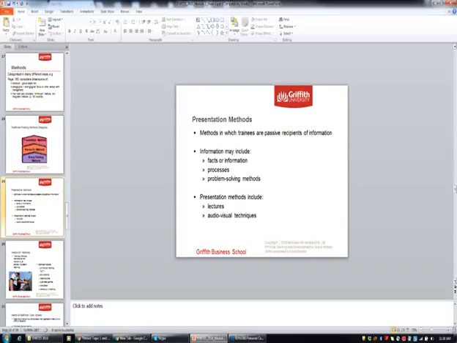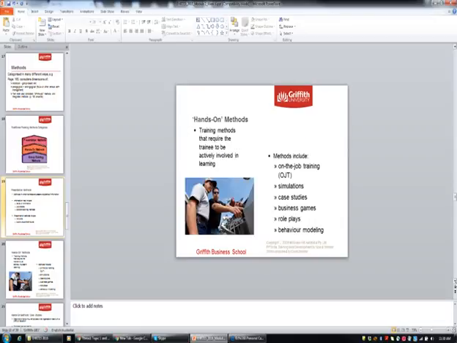So you can obviously see the relevance of presentation methods, lectures, audio-visual techniques, but we really emphasise that hands-on methods need to go with these presentation methods. So you can't just rely on presentation, and there's lots of examples of those.